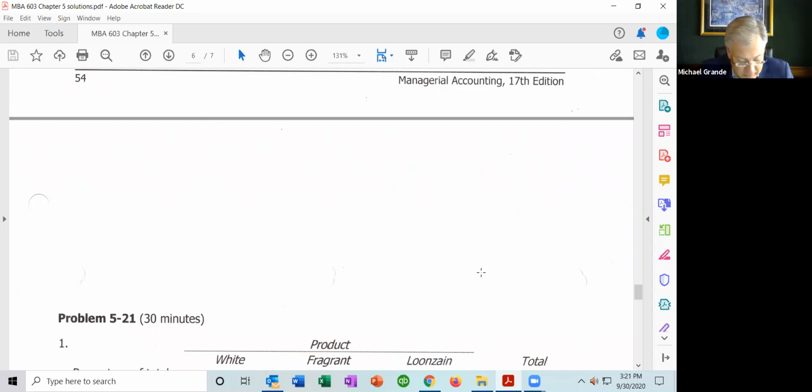However, actual sales by product are $300,000 for white, $180,000 for fragrant, and $270,000 for Lunzan, which is a different sales mix. So the first thing it says is prepare a contribution format income statement for the month based on actual sales data. Present the income statement in the format shown above.